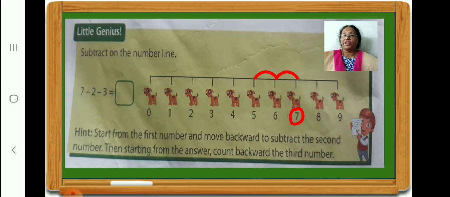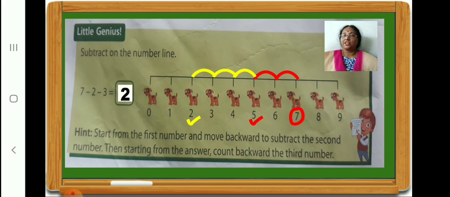Now put a tick on number 5. Now again from number 5, we have to jump 3 times towards the left. 1, 2, 3. Put a tick on number 2. Children, 7 minus 2 minus 3 is 2.